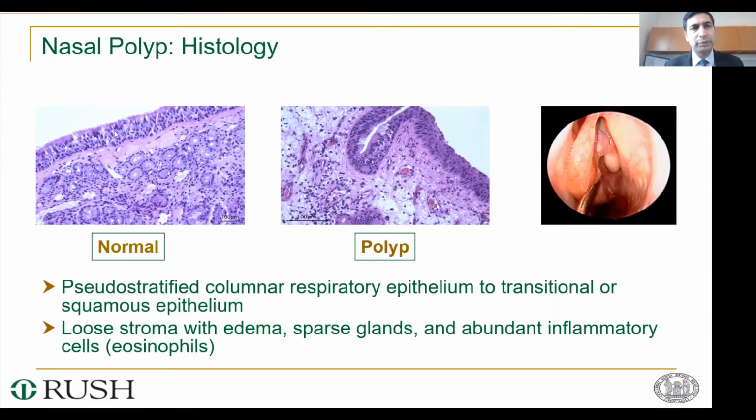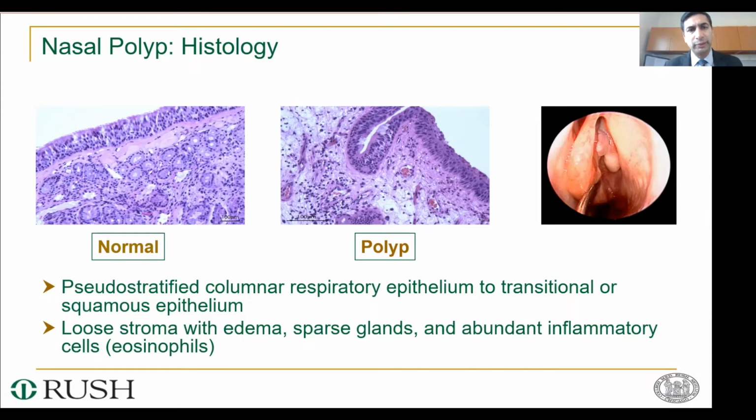You see the respiratory pseudostratified columnar ciliated epithelium, submucosa with the seromucinous glands, and here is a nasal polyp. And you can see here now, again, there is the pseudostratified epithelium, but you can see transitional or squamous epithelium.